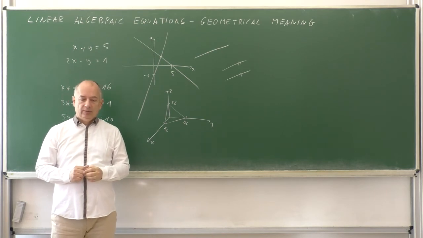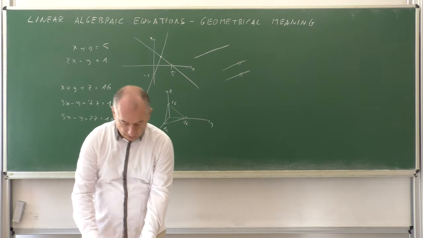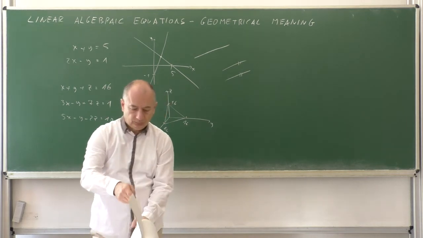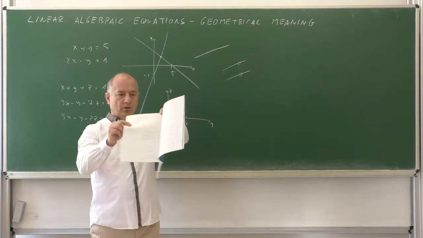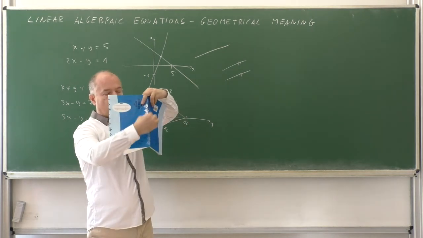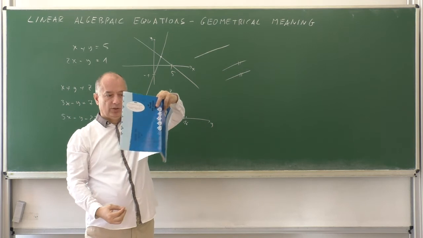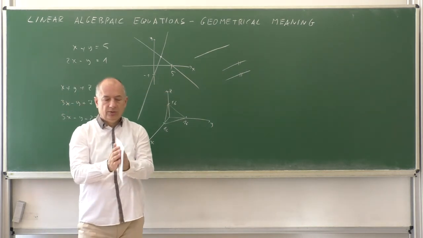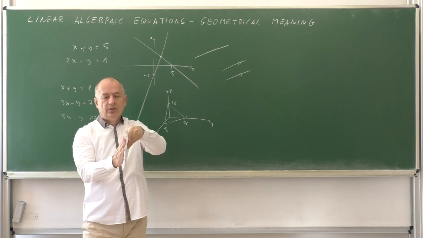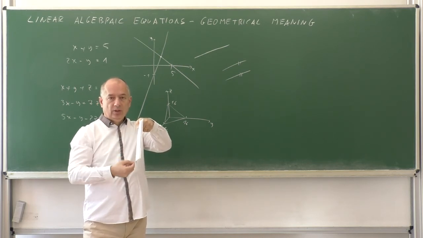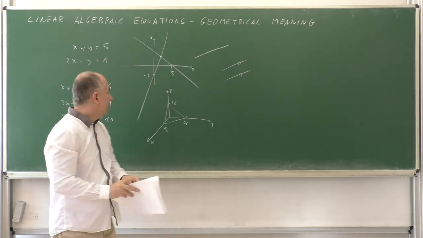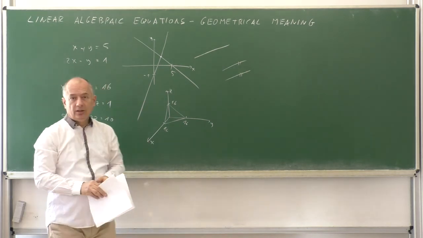But it may happen that three planes, like pages in a book, intersect in one common line. That is possible. Or if two planes coincide, then the intersection with the third plane may be again a line. Or it may happen that these three planes have nothing in common.